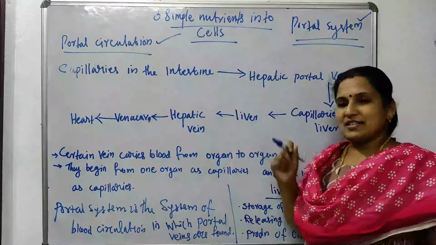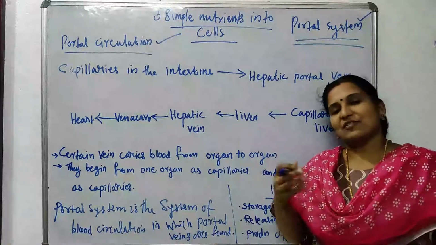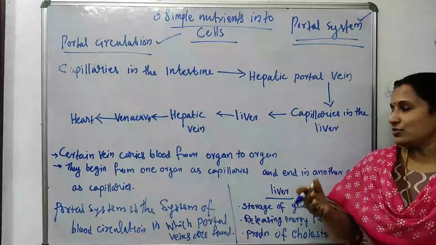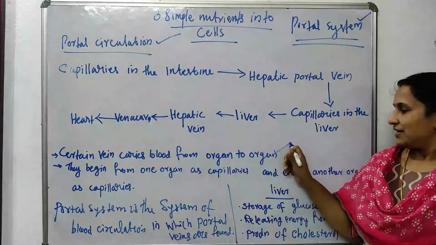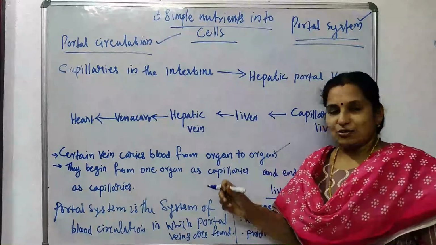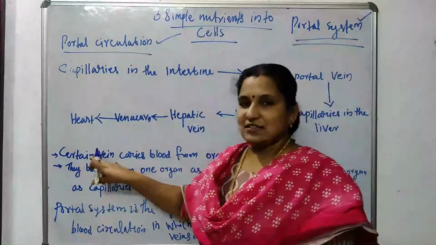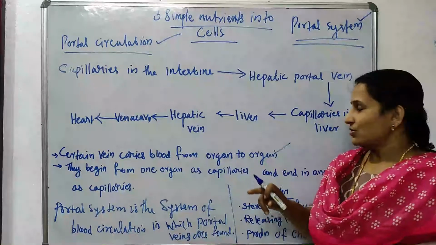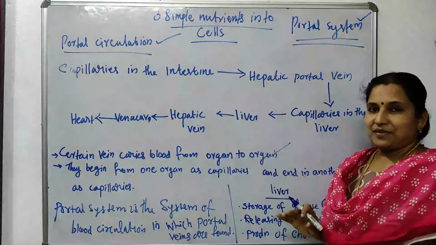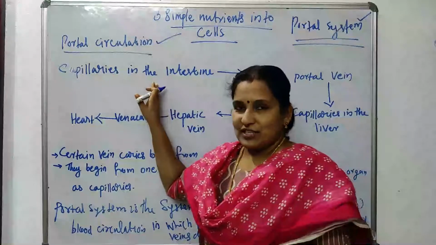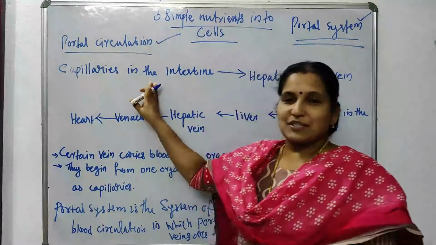Actually, this portal system includes certain veins that carry blood from organ to organ. That is known as portal circulation. Here, in this portal circulation, it begins from the small intestine.